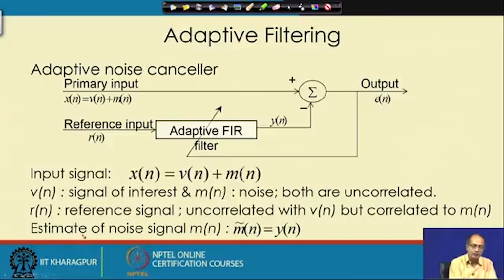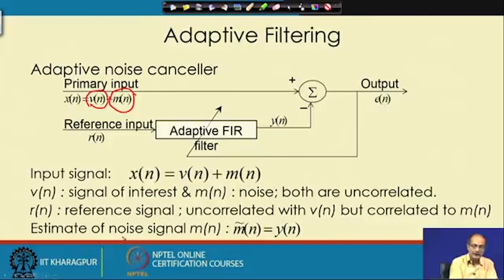It is a sum of v[n], the signal of our interest, and the interfering signal or noise, m[n], in this case. And these two should be uncorrelated with each other.